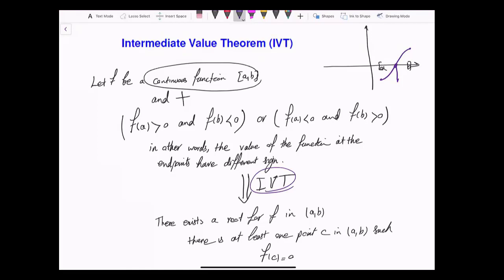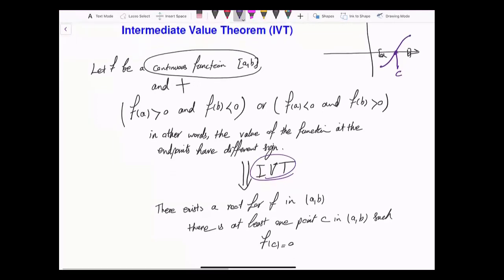So that point is C. If at one point the function is positive and at another point it is negative, there must be something in between, such that the graph of the function intersects with the x-axis.